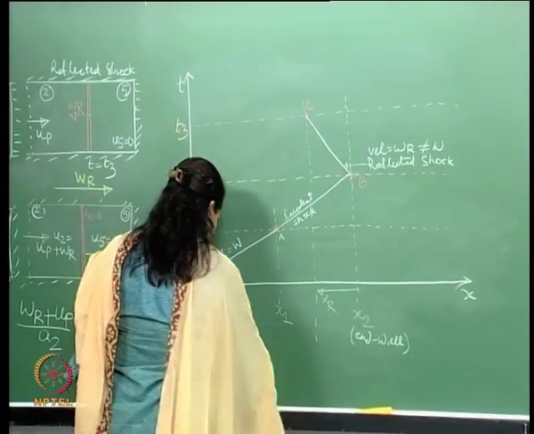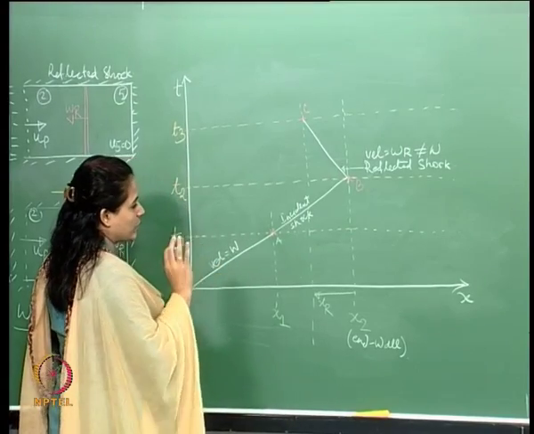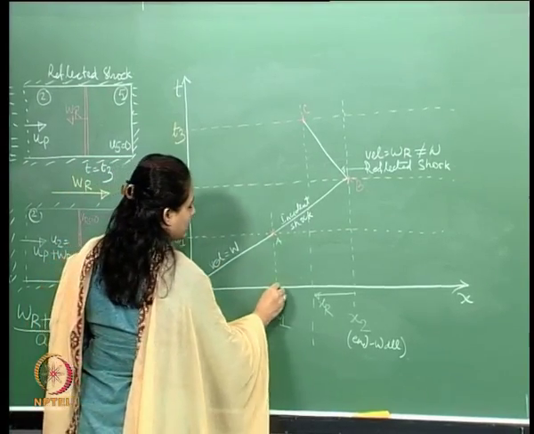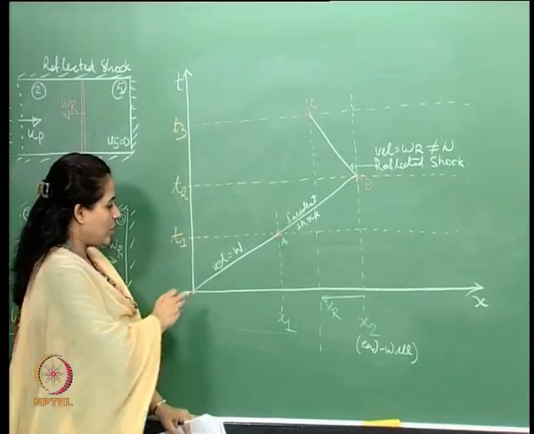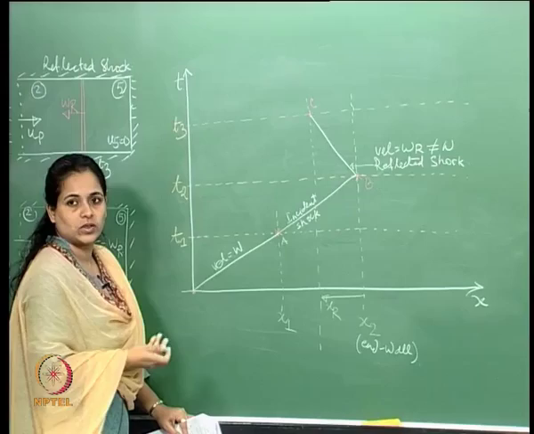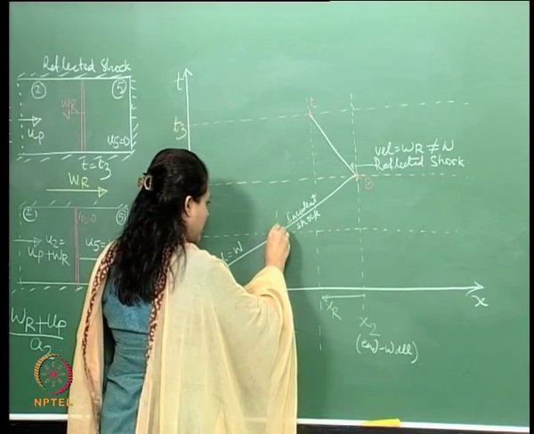So therefore, I have this particle which is sitting at this distance x1. It continues to sit there for a time t1. There is no velocity there. It just sits there. Okay.